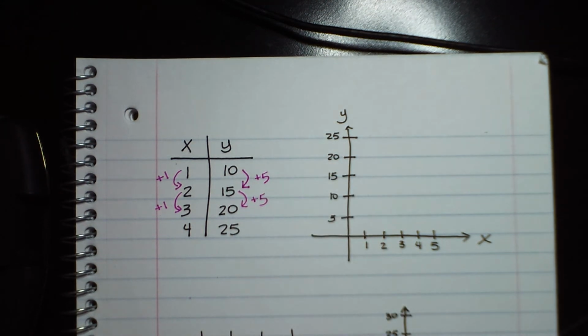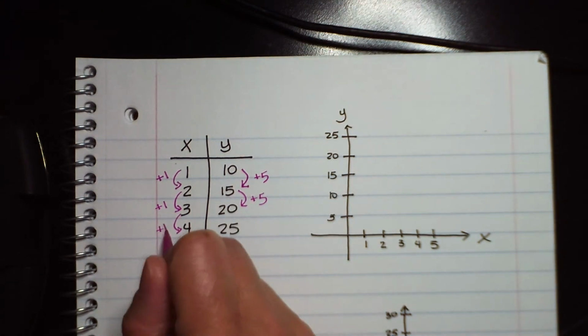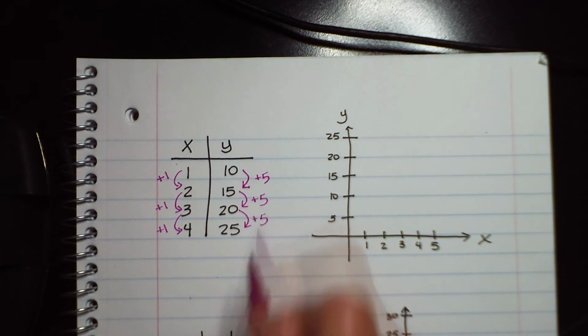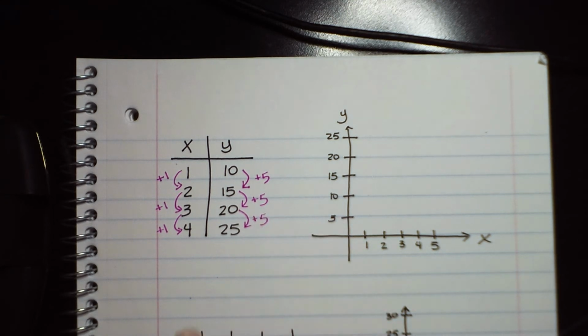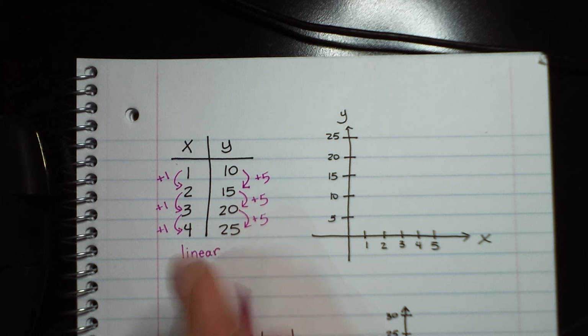So that stayed consistent. From 3 to 4, I have an increase of 1, and from 20 to 25, I have an increase of 5. Again, that stayed consistent. So we would say, yes, this is linear. It's linear because it has a constant rate of change.